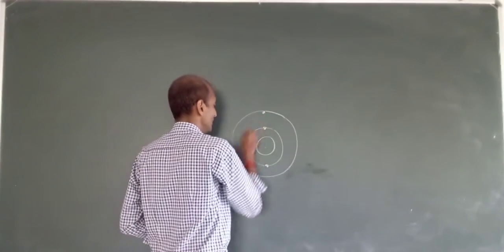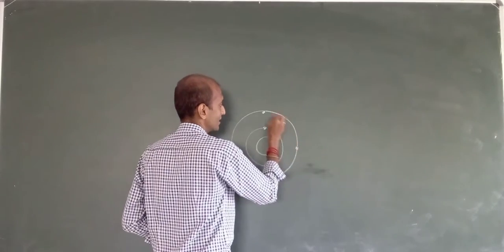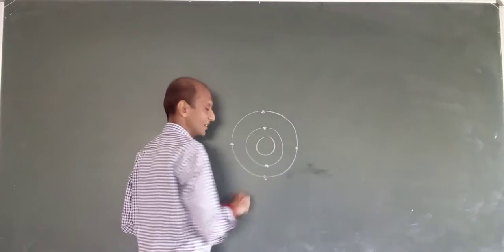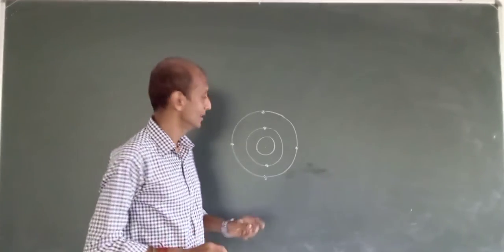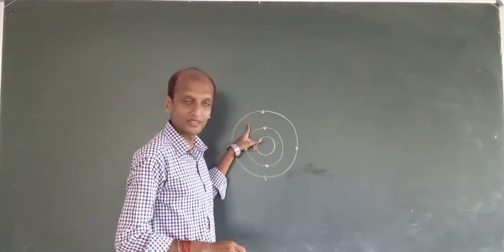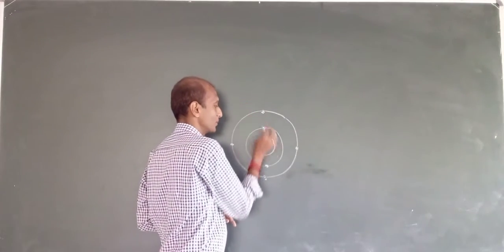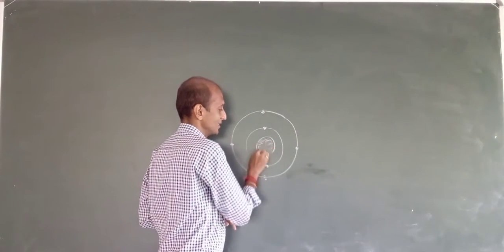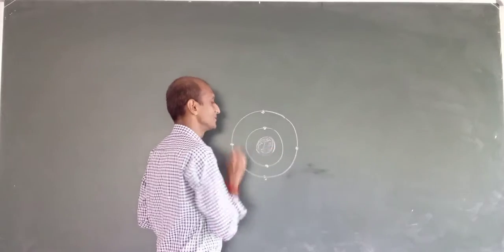This is the first orbit. The first orbit can have two electrons, right? Then comes the outer orbit. If for a particular matter it has only two orbits, orbit number 1, orbit number 2, this is the central nucleus.